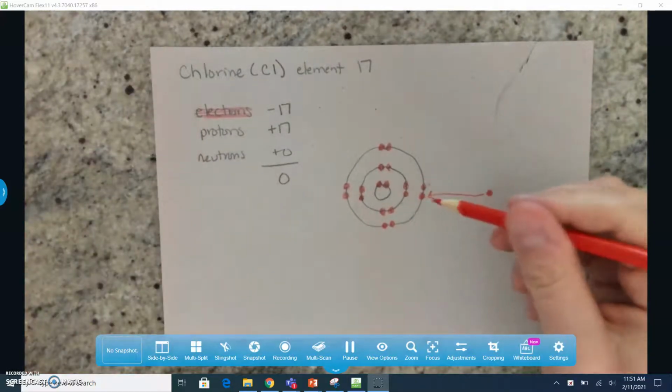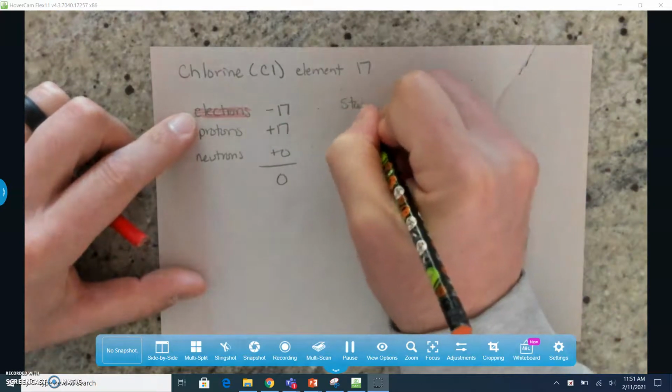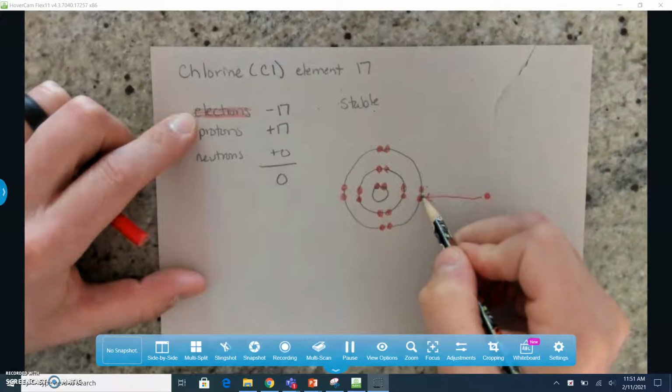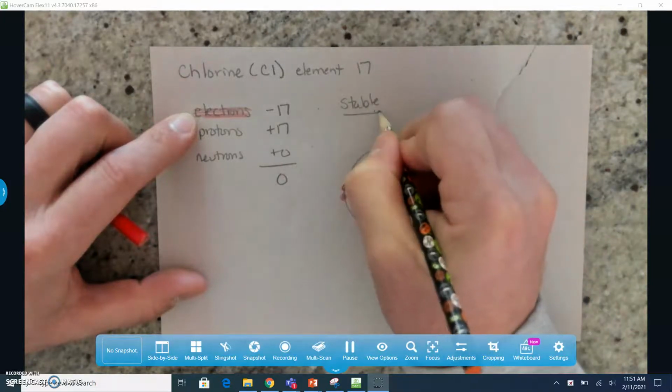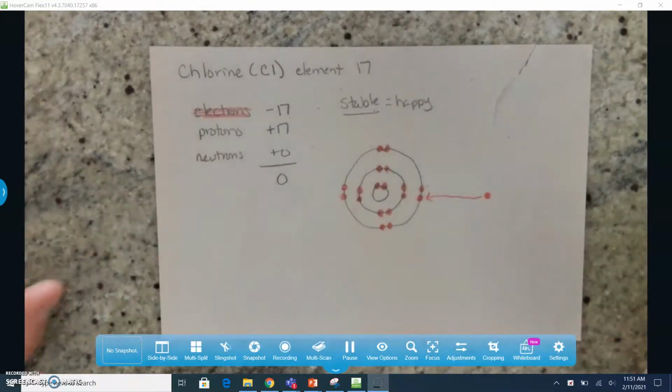Now this outermost valence shell is filled. The electron makes up 8 in the valence shell. The outer valence shell is full. Now it's stable. Now the atom is happy.